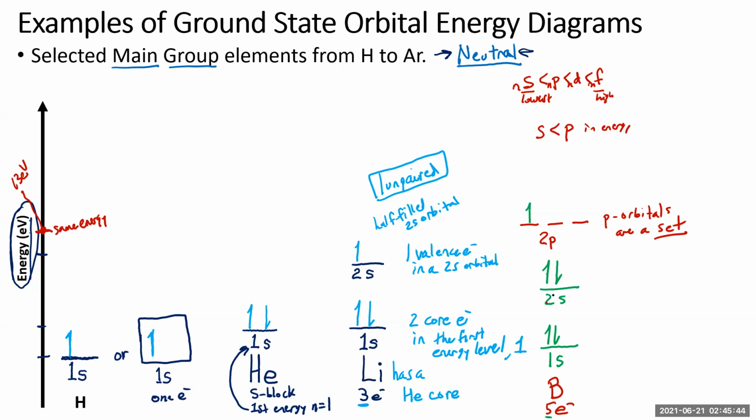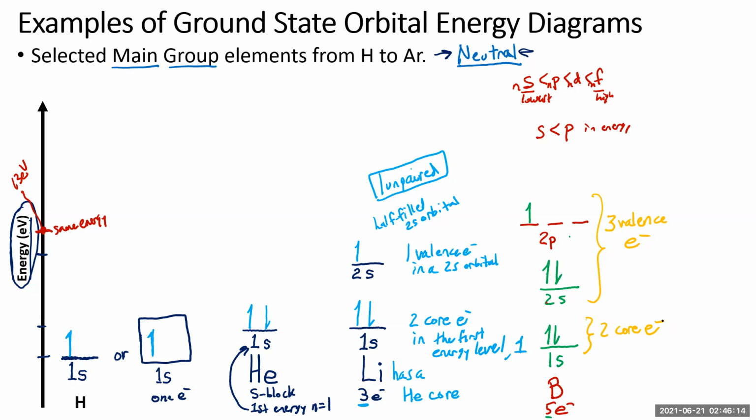We have 5 electrons. So which ones are our valence electrons? Our valence electrons, remember, are the s and the p orbitals taken together. So we have 3 valence electrons, and we have 2 core electrons. Sometimes you'll have more valence electrons than core. Sometimes you'll have more core electrons than valence.